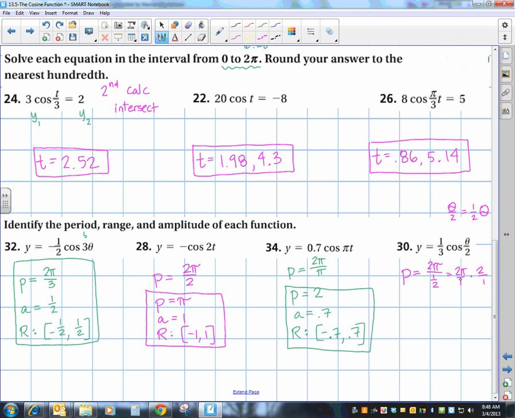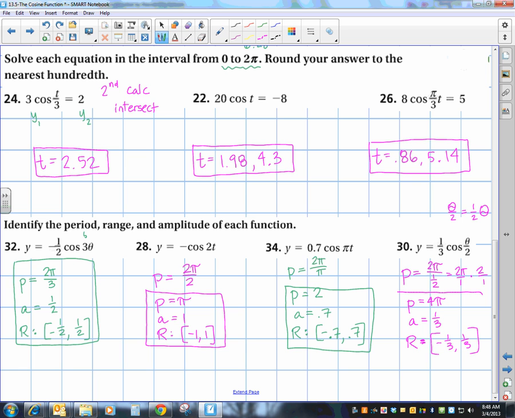Because we divide by fractions, we keep, change, flip, multiply by the reciprocal. So that gives me a simplified version of my pi. My period is equal to 4 pi. My amplitude is 1/3. It's always my number in front. And my range is, we put a bracket here because we put an interval, negative 1/3 to 1/3.